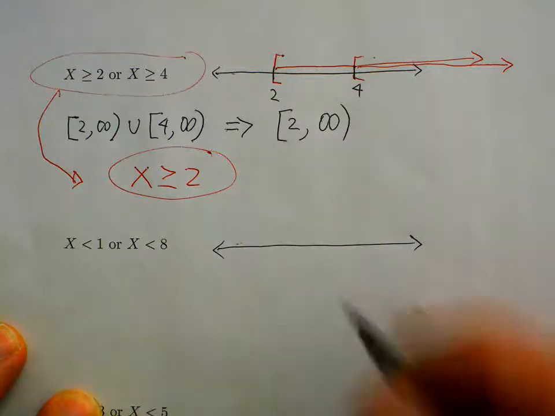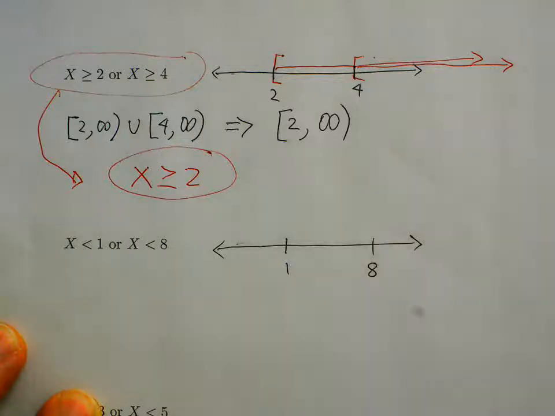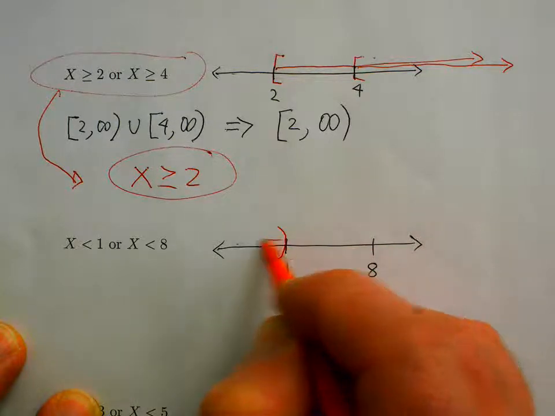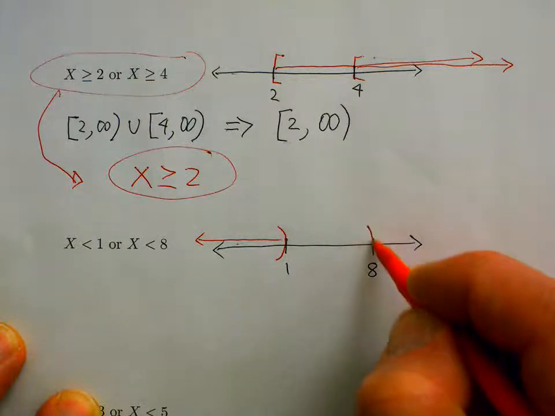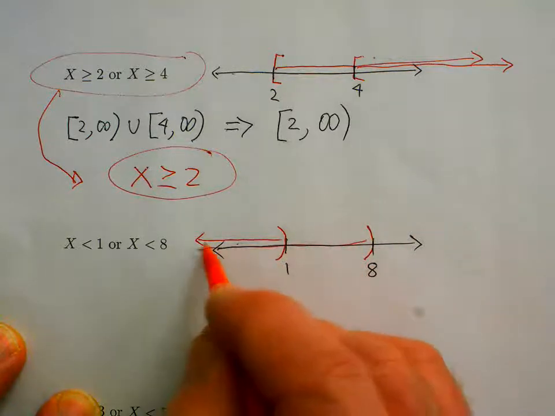So let's plot the numbers 1 and 8. So x is less than 1. Those are to the left of 1 on the number line, or x is less than 8. So those are the numbers to the left of 8 on the number line.